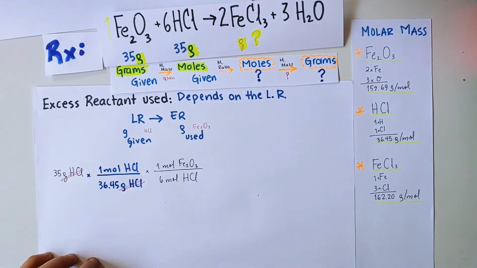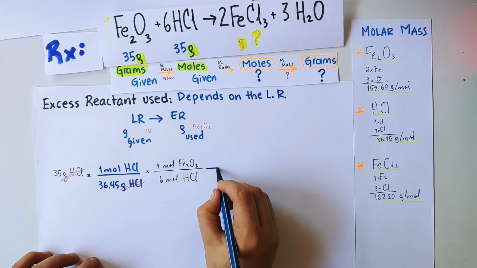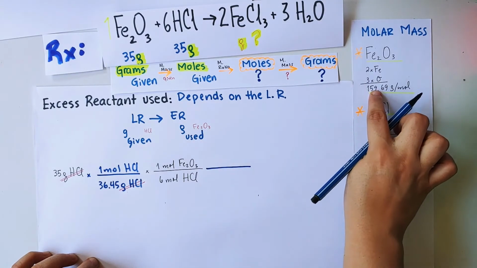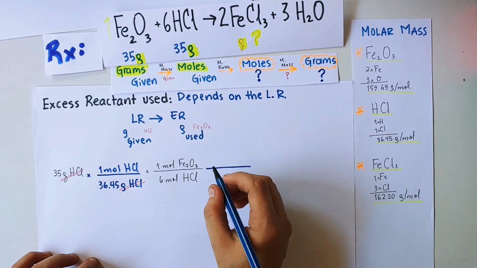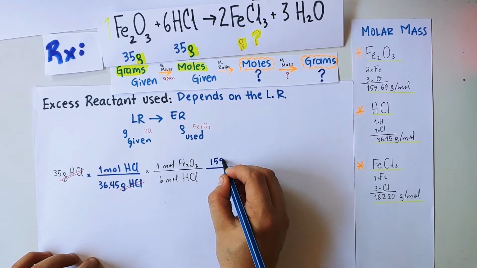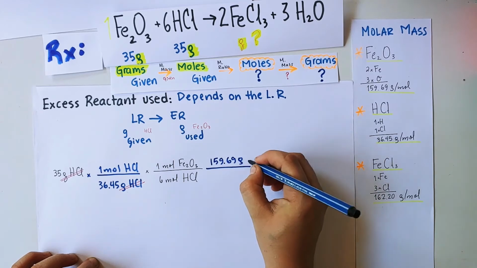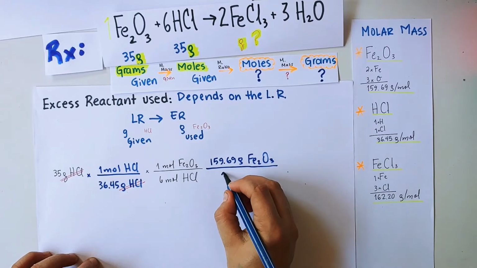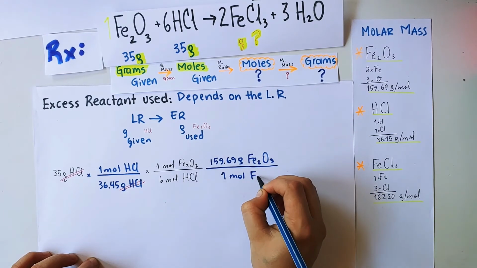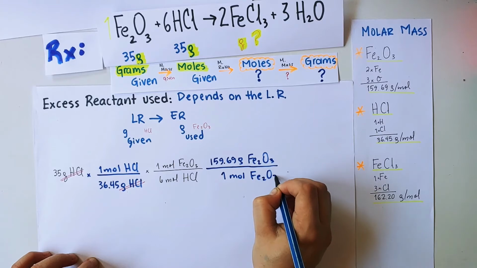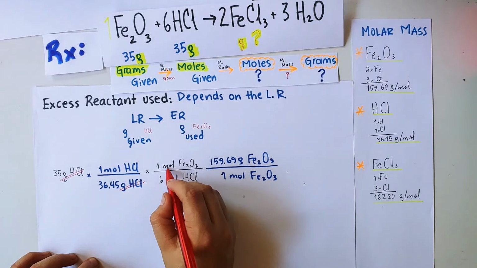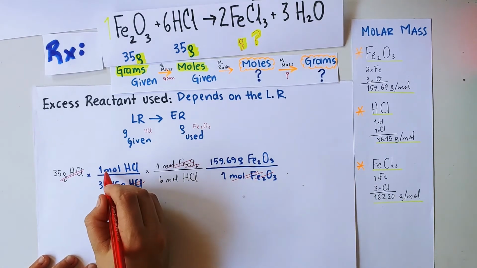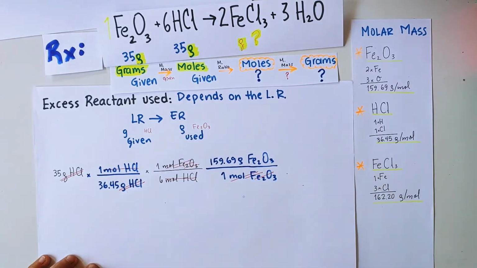The molar mass is of the unknown, so the unknown is Fe2O3. The molar mass is 159.69 grams that you have inside 1 mole of the same substance, iron 3 oxide. So now you can cancel these moles with these moles, and the moles of HCl also cancel with the moles of HCl.